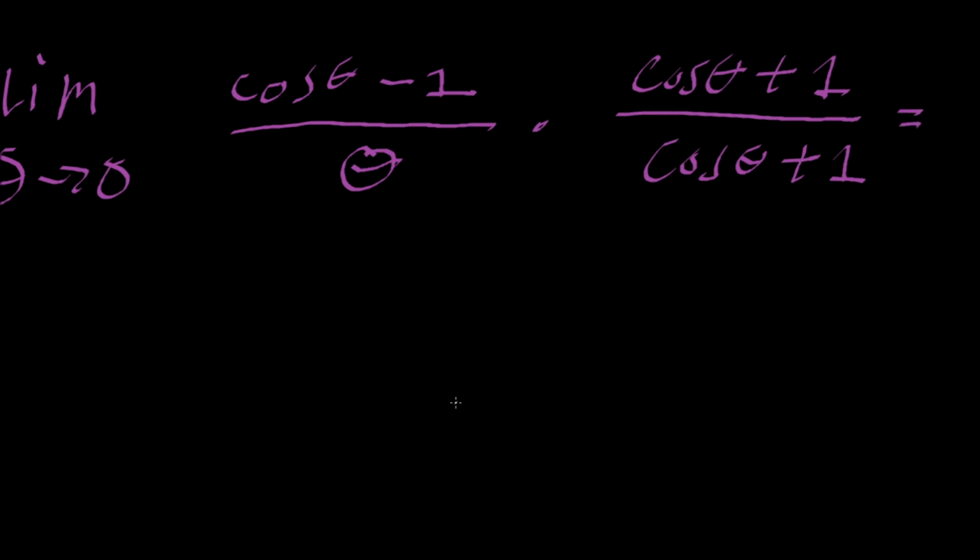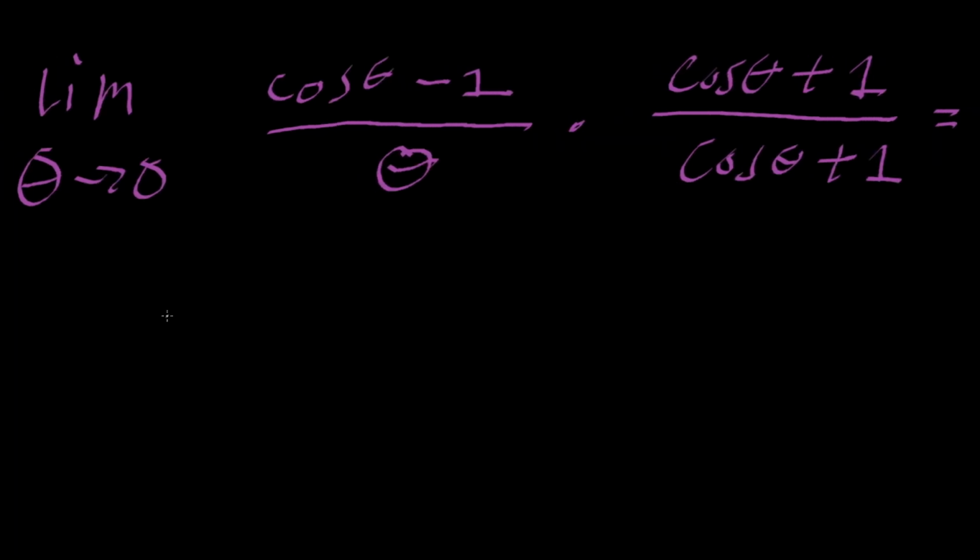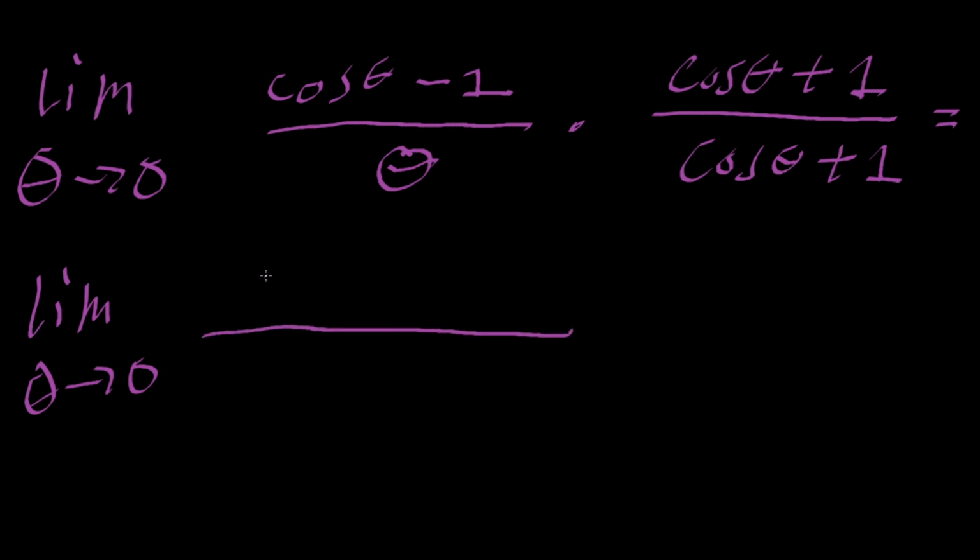But this will be equal to the limit as theta is approaching 0. And in the numerator, we just have a difference of two squares. We have cosine squared of theta minus 1.